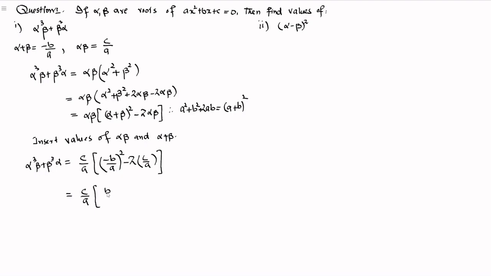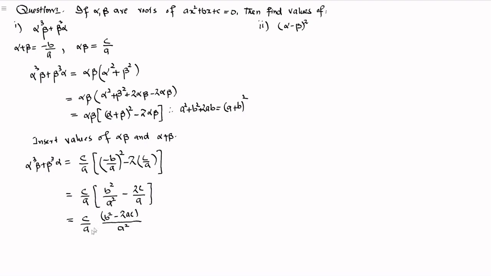Minus b whole square is b square, a square, minus 2c by a. Now we will take a square as LCM. So we have c by a, and we will take a square as LCM. So we have b square, because a square divided by a square is 1. 1 multiplied with b square is b square, minus a square divided by a is a, multiplied with 2c is 2ac.